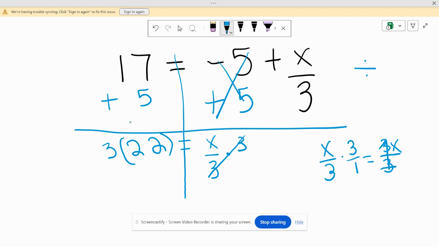So I'm left with just 1x on this side, and 3 times 22 is 66. So I have 66 equals x. And we can check that work over here. 66 divided by 3 is 22. 22 plus -5 is -17. So my answer checks out.